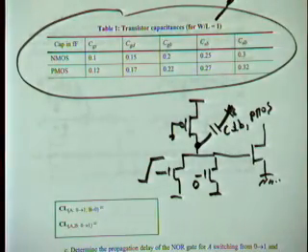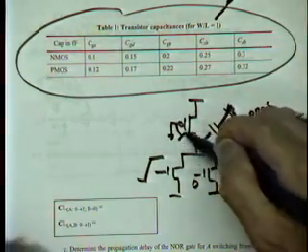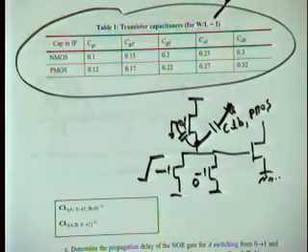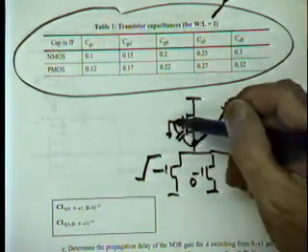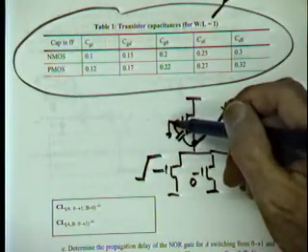Any other capacitance I should consider of the PMOS in this case? That's correct. You have another capacitance that sits here, the drain to gate capacitance. It's not a Miller capacitance in this case because the other side of the capacitor is fixed at ground.